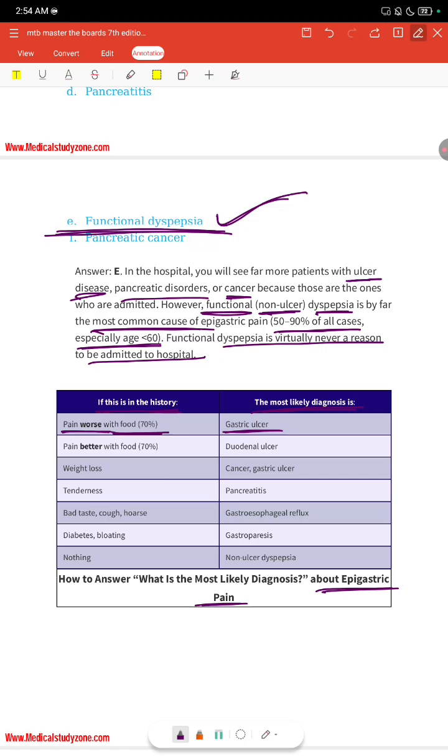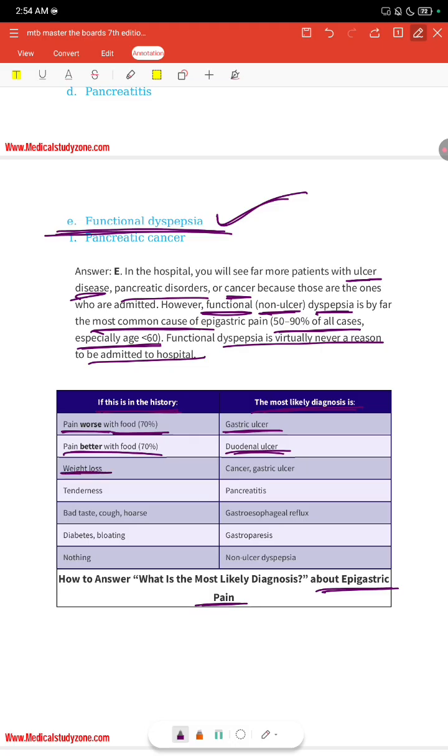If the pain gets better with food in 70% of the patients, it denotes duodenal ulcer. This is the main difference between the gastric ulcer and duodenal ulcer. The pain gets worse with food in gastric ulcer and it gets better with food in duodenal ulcer.